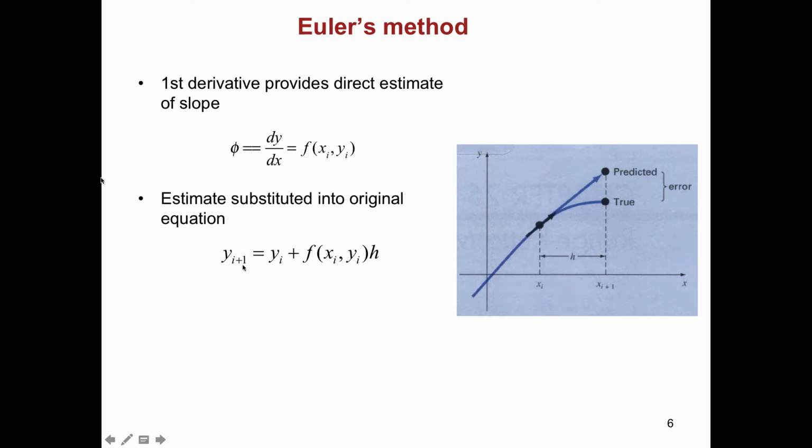So my yi plus 1 is yi plus f of xi, yi times h, and h is the spacing that I came up with in between points. And the only thing that I need is a starting point. I need to start from somewhere, some start of the interval where I need an initial value. And that's it. That's the method.